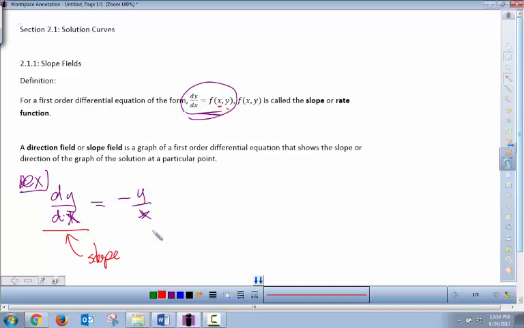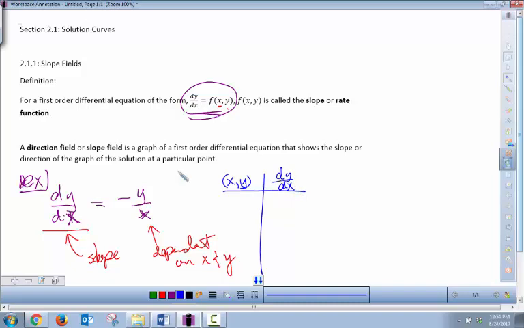If we have something like this, the long-winded way of doing this is to set up a table of x and y values, which represent the point, and then dy/dx, or f of x, y, whatever that would be.